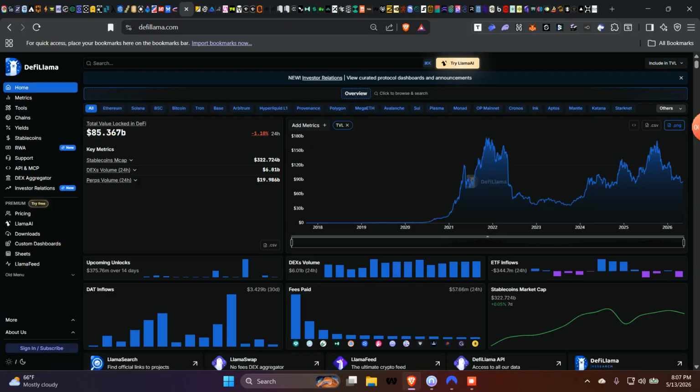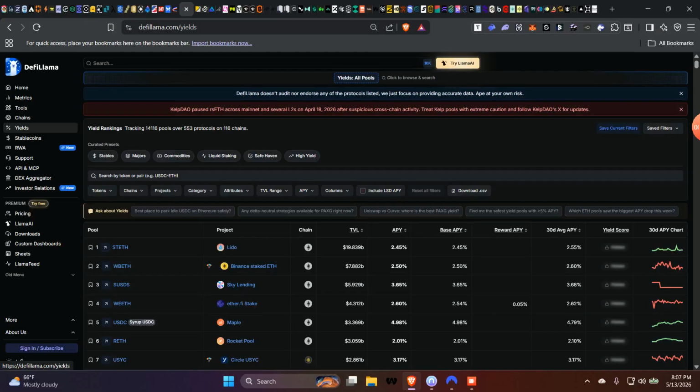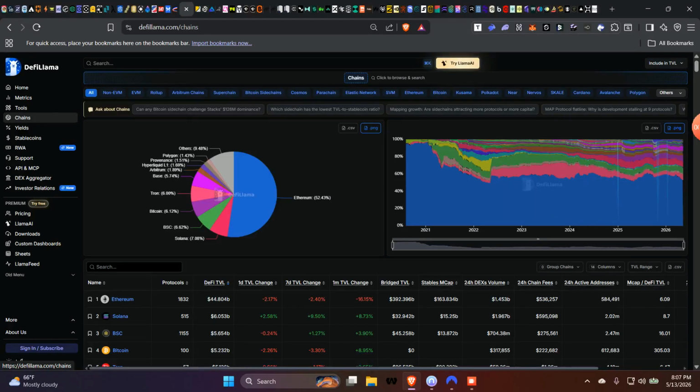And you could even go down here and do some swapping in here as well. But like I said, we are here to talk about stable coins today. You can go in here, find out where the yields are. You can find out what each chain is doing individually, as you can see over here.